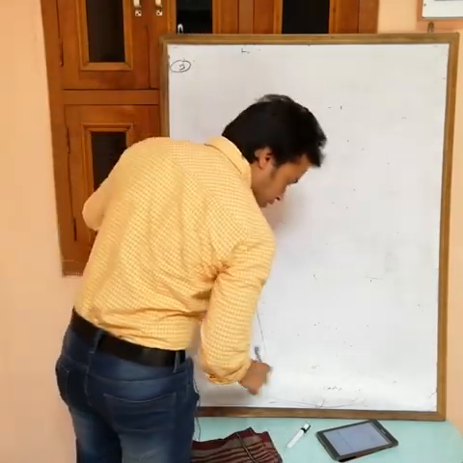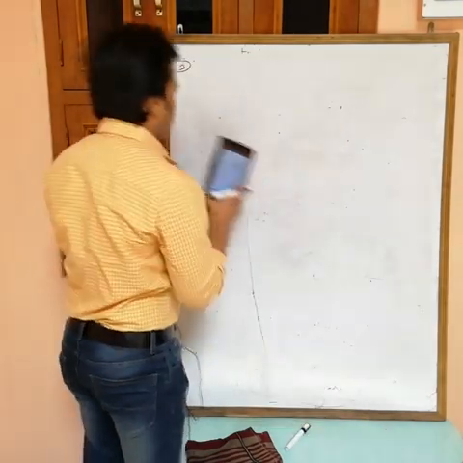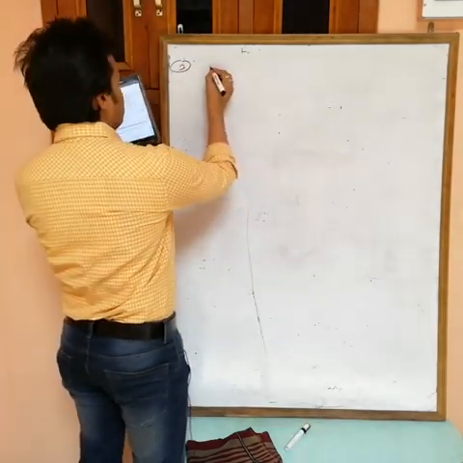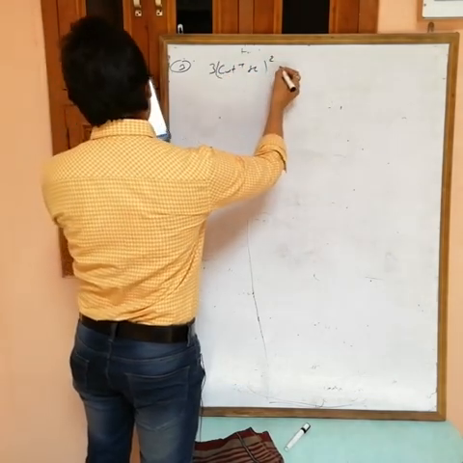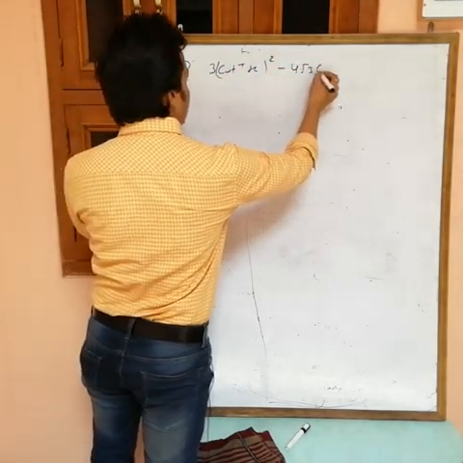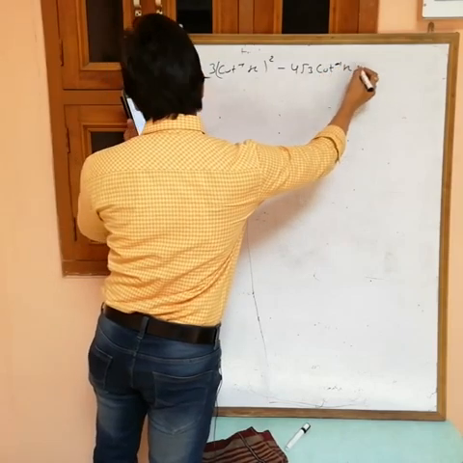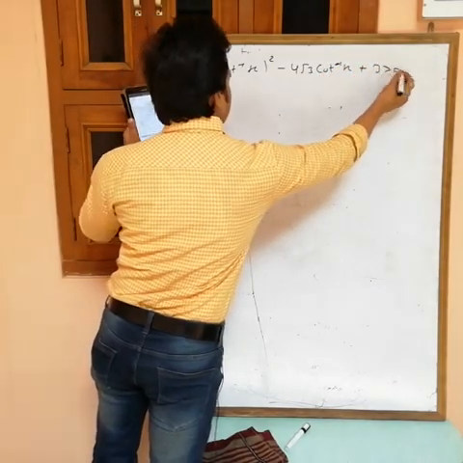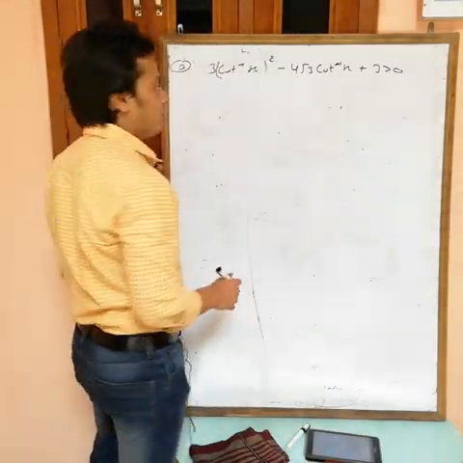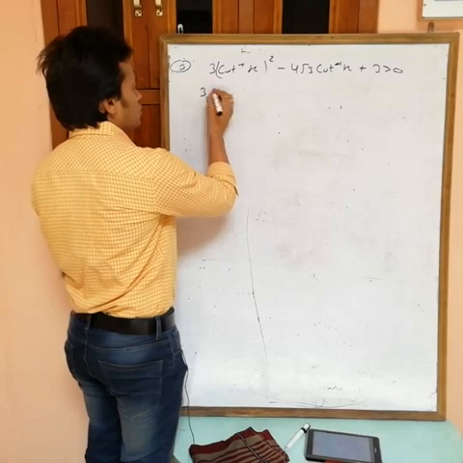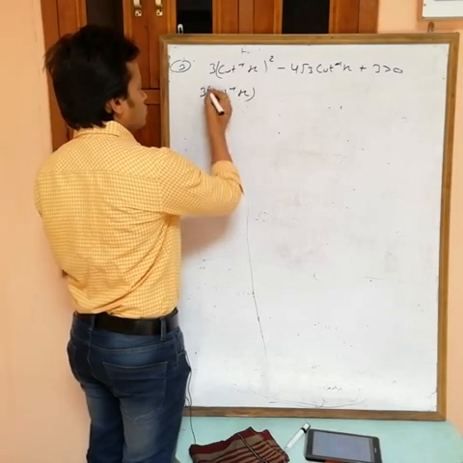Question number 3 is, find the solution of this inequality: 3(cot inverse x)² − 4√3 cot inverse x + 3 > 0. So first factorize this one, a quadratic in terms of cot inverse x. Factorize 3(cot inverse x)².